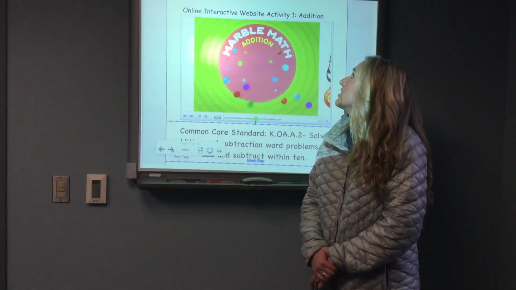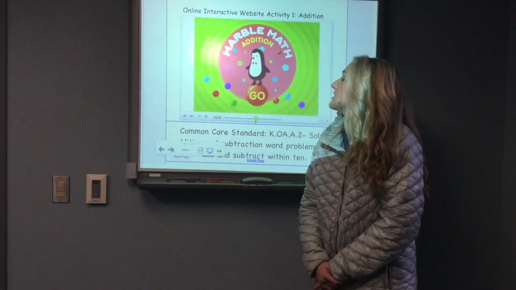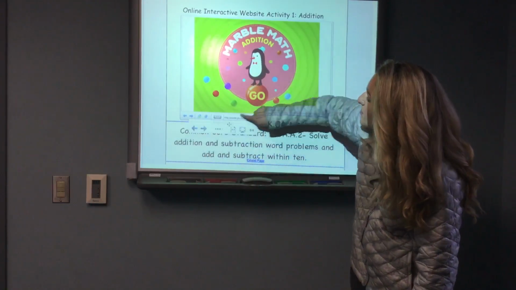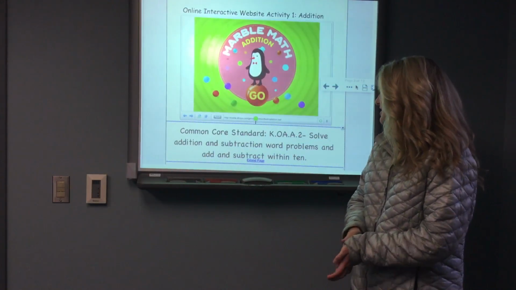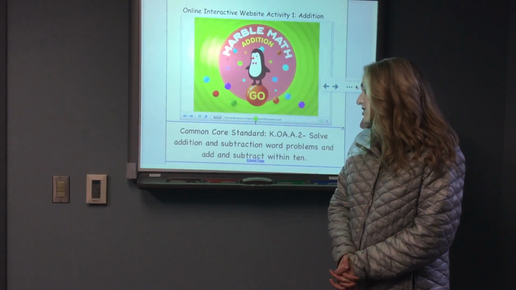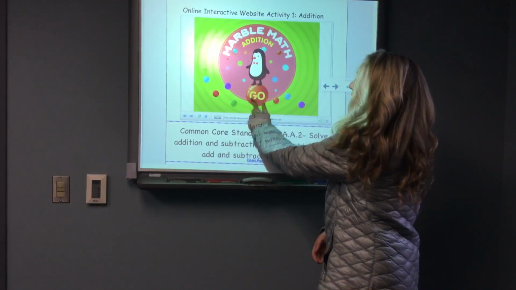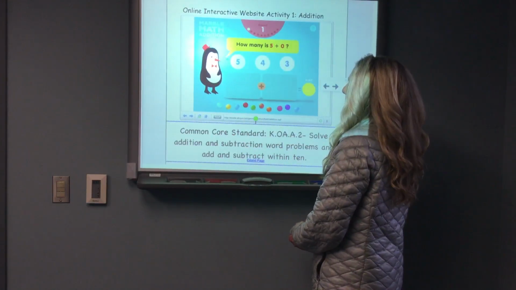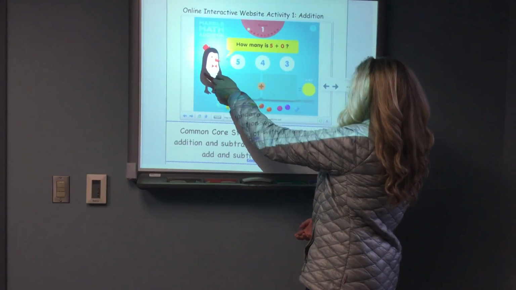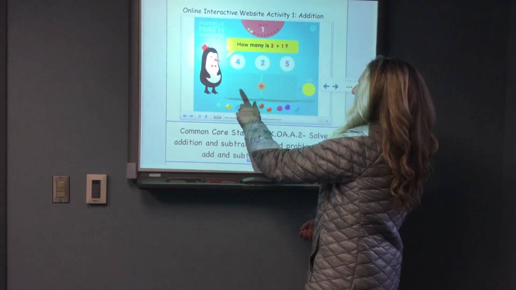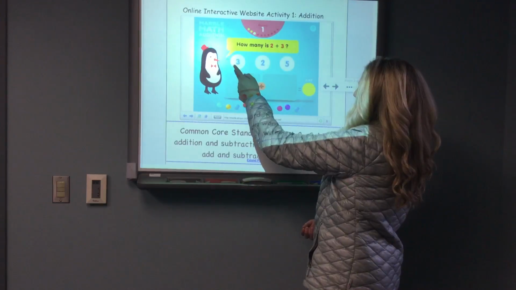This is our online interactive website activity for addition, and the common core standard is that they solve addition and subtraction, word problems, and add and subtract within 10. So they just have to add 5 and 0. And then 3 plus 1 is obviously 4.